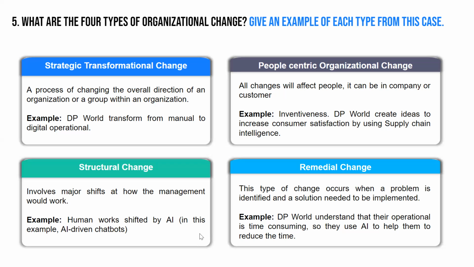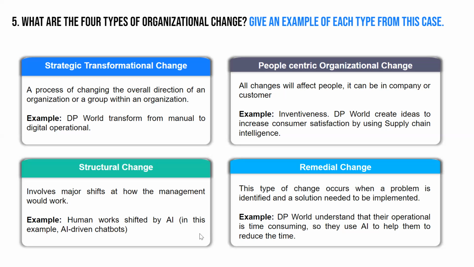The next one is people-centric change. It means that the change will also affect the people, whether in the company or customers, and an example is the innovation where DP World creates ideas to increase customer satisfaction by using supply chain intelligence.